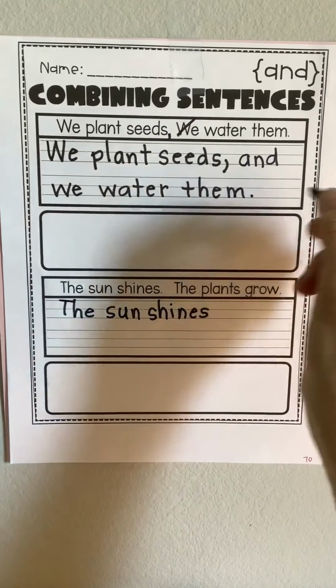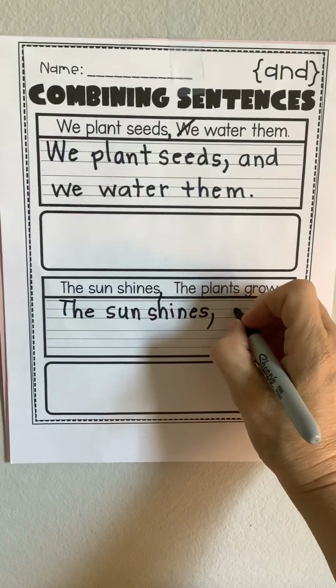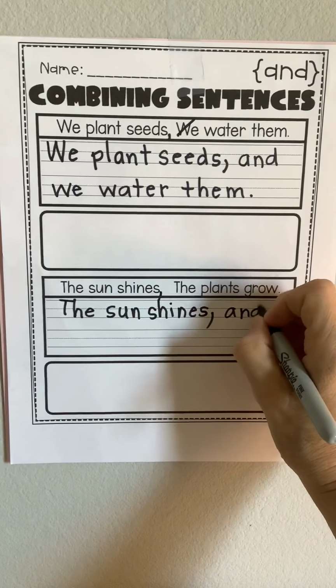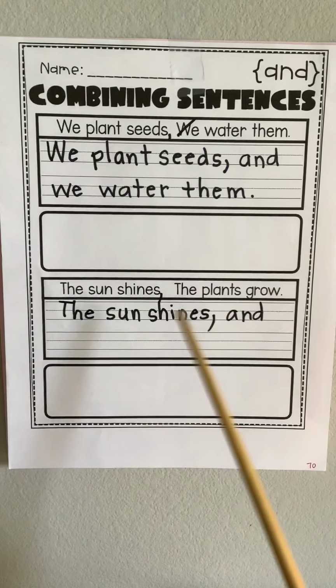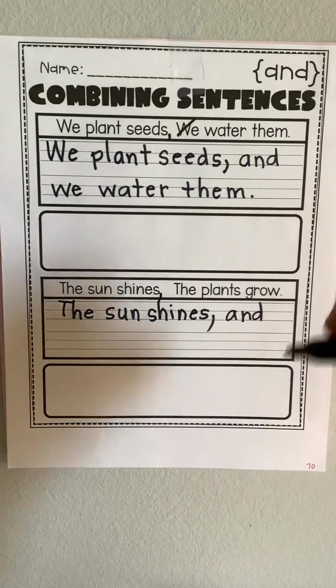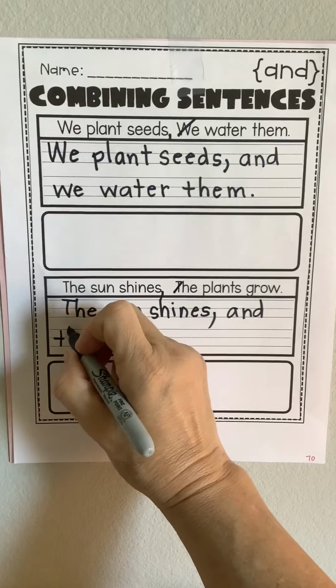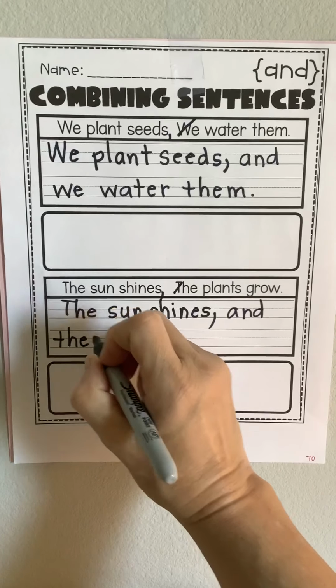Okay, we're not going to use a period. We're going to change it to a comma. We're going to use the conjunction and. The plants grow. All right, should we leave this in uppercase? No, the word the is not a proper noun. We're going to change it to lowercase because we are not starting a new sentence.